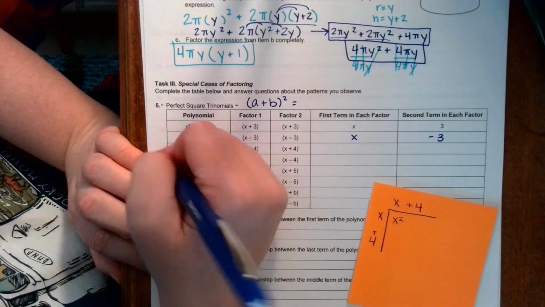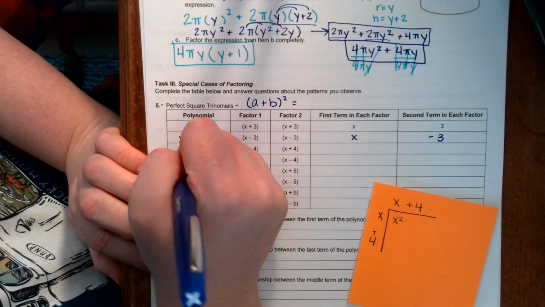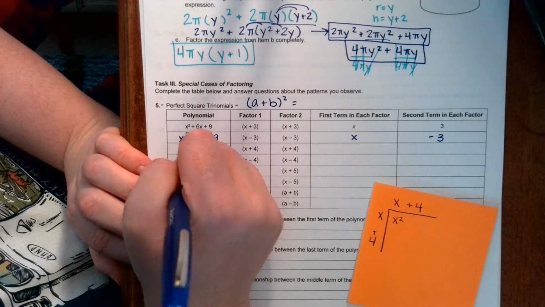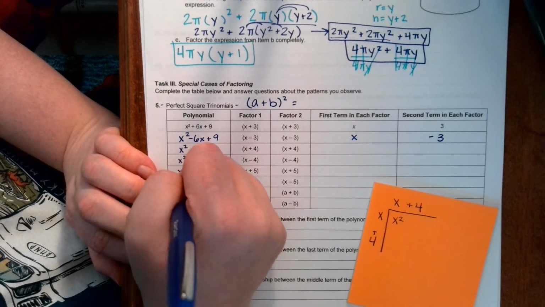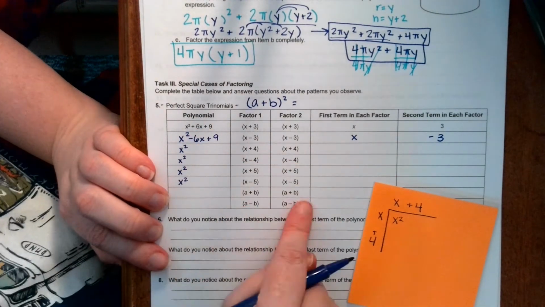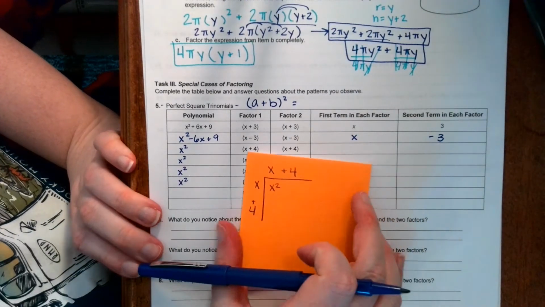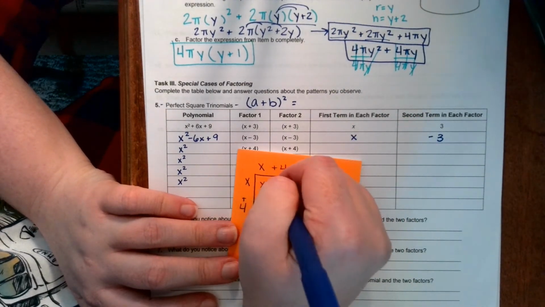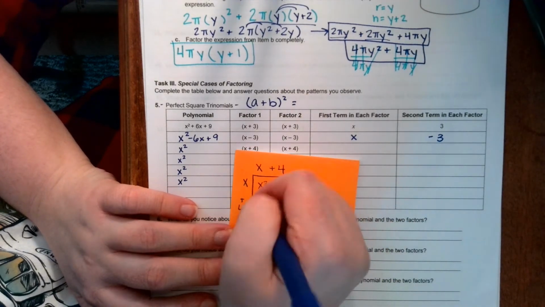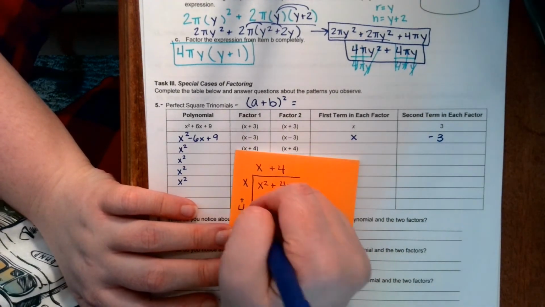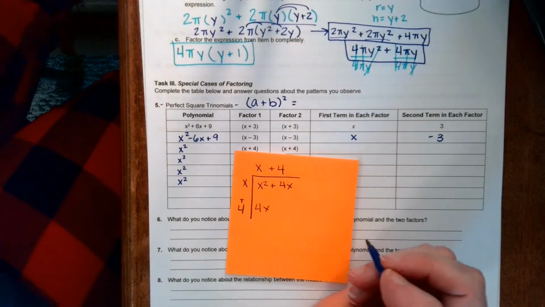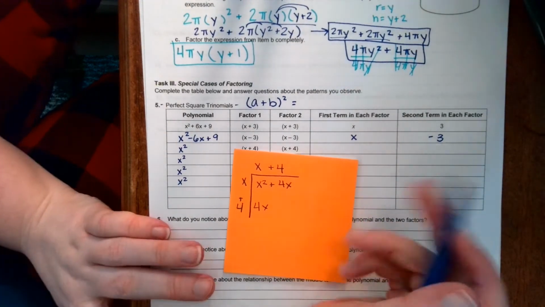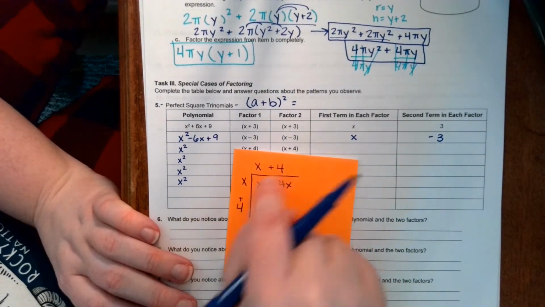So let's put that in. Up to this point, then we have a b's and a minus b's. Okay, x times 4 is 4x, and then this x times this 4 is also 4x. So notice I'm getting the two of the same thing, and it's because I'm squaring.